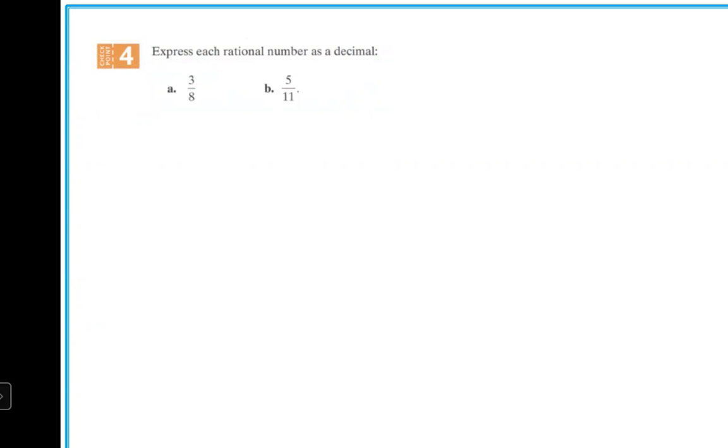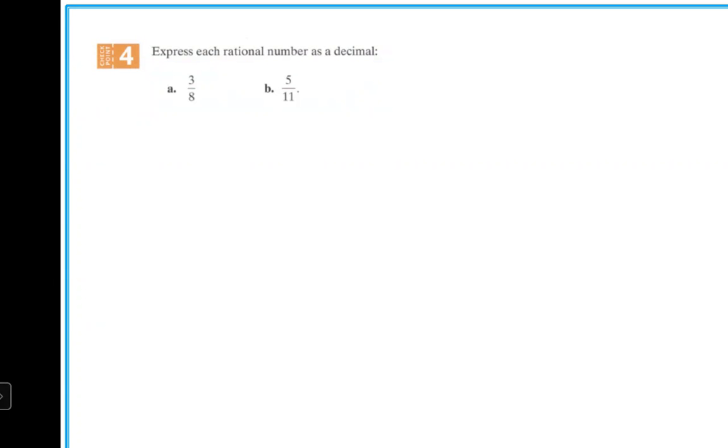Okay, so that answer is 0.375, right? Now, is that a terminating or a recurring decimal? Terminating. Terminating, that means it ends. Okay, thank you.